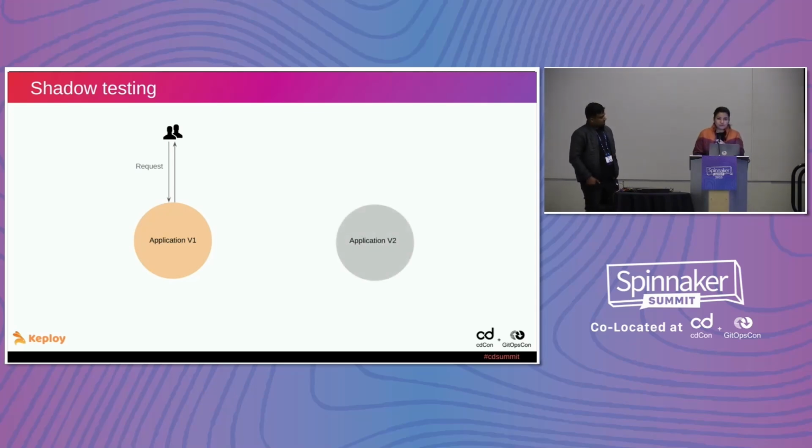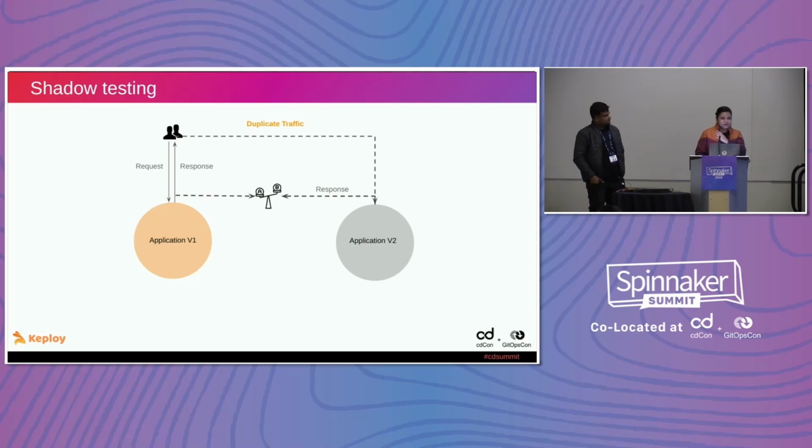You put the new version of your application, say V2, and try to replicate the same traffic via some service mesh or something. And you try to assert the responses of the previous expected as well as the new deployment that you're going to make. So if those match, voila, it is working fine.